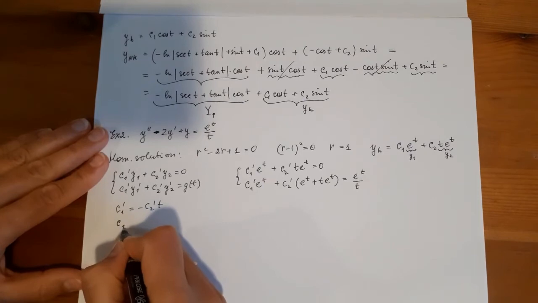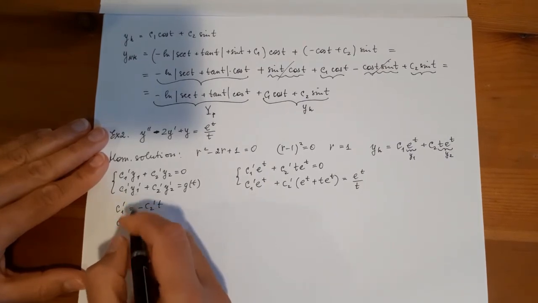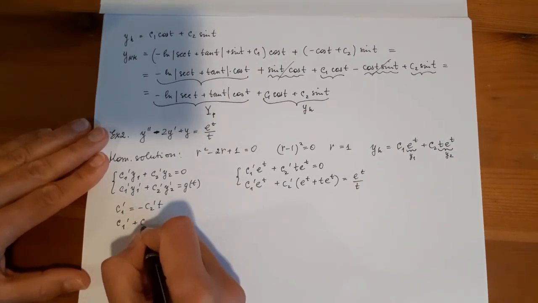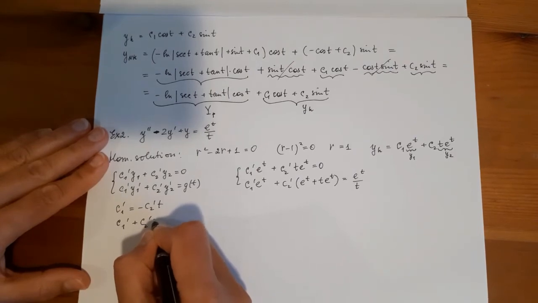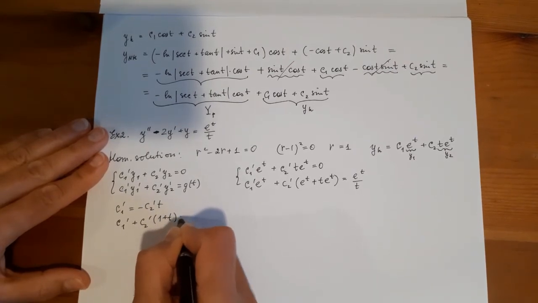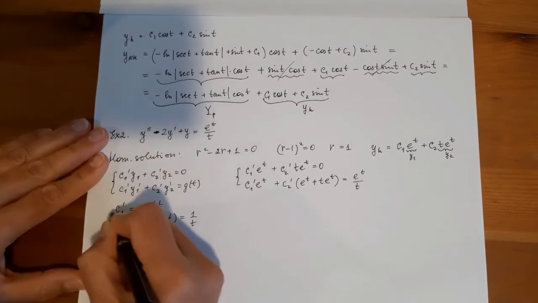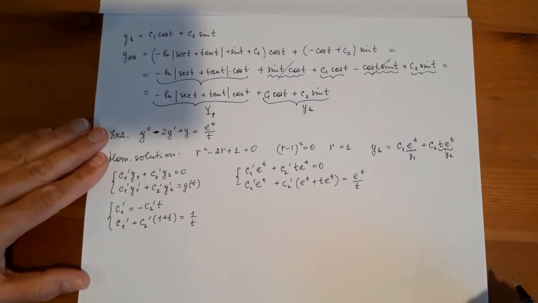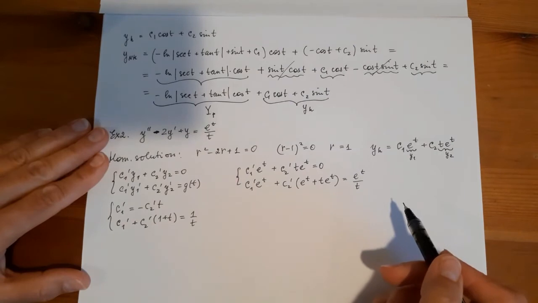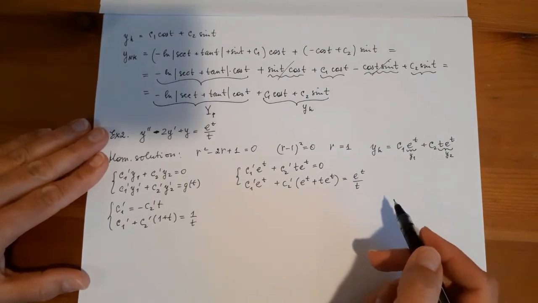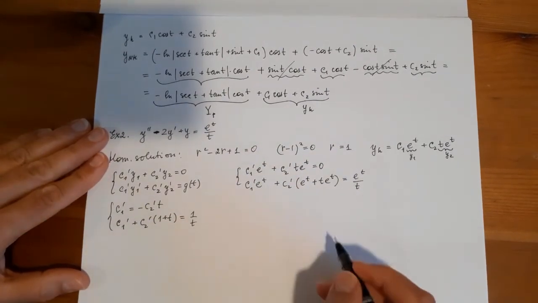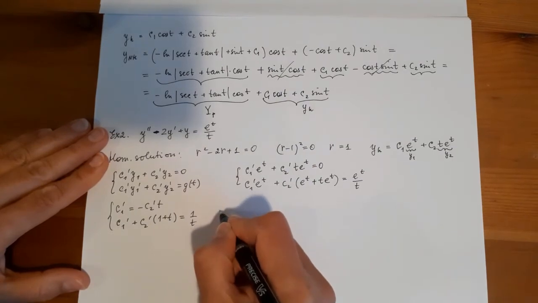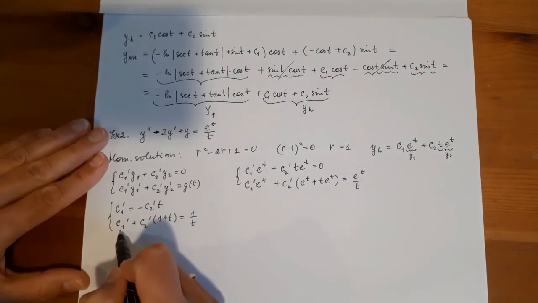And for the second equation, c1 prime plus c2 prime (1 plus t) equals 1 over t. So I just canceled all exponential factors. Normally we don't do it, but here we do know that it's greater than 0, so we're not breaking any laws here. Well, I'm going to plug in c1 into my second equation.